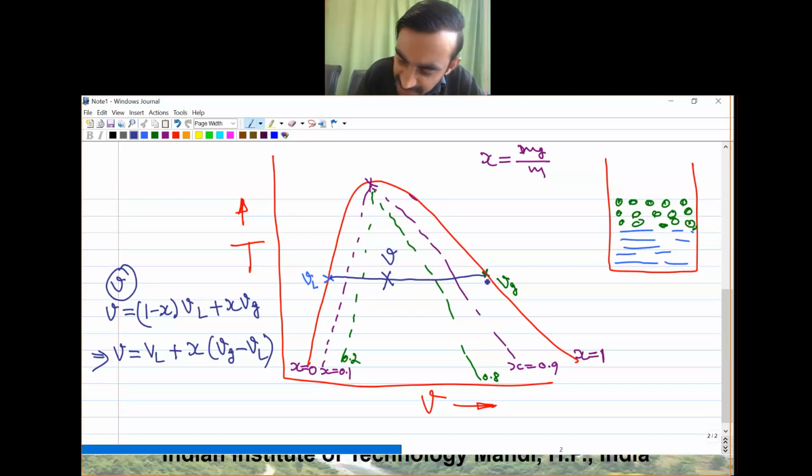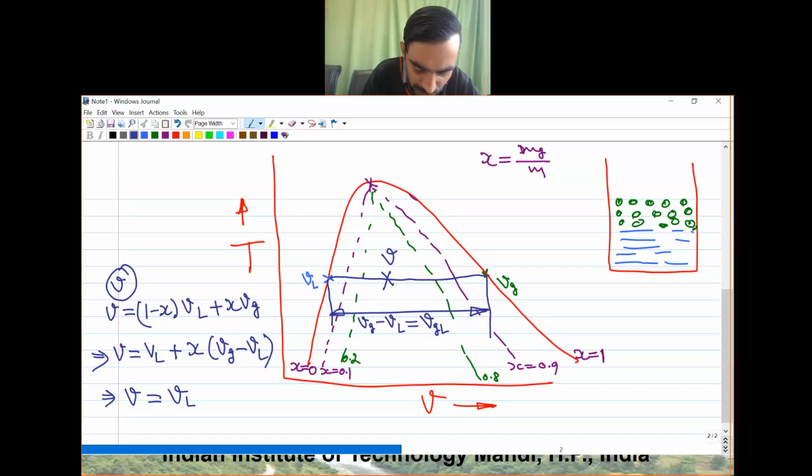This difference, Vg minus VL, is normally known as VGL. So when we write VGL, we are taking the difference Vg minus VL. I can simply write my specific volume equation as the specific volume of the liquid phase plus x times VGL, where VGL is Vg minus VL.